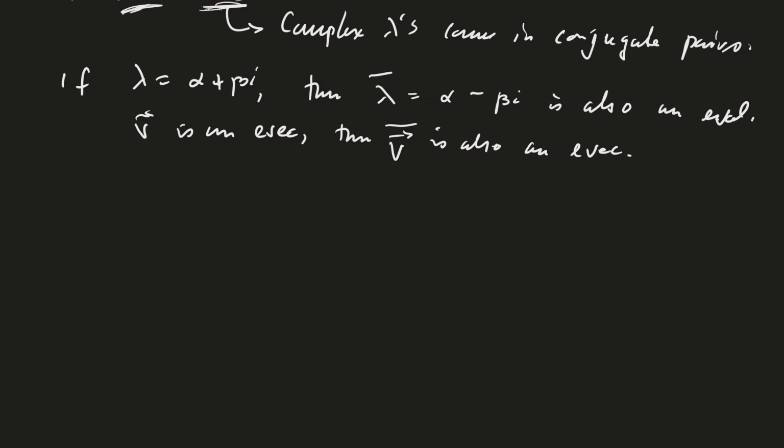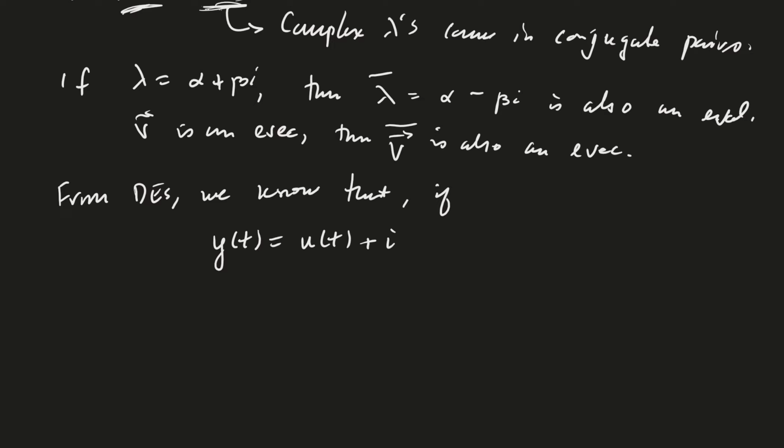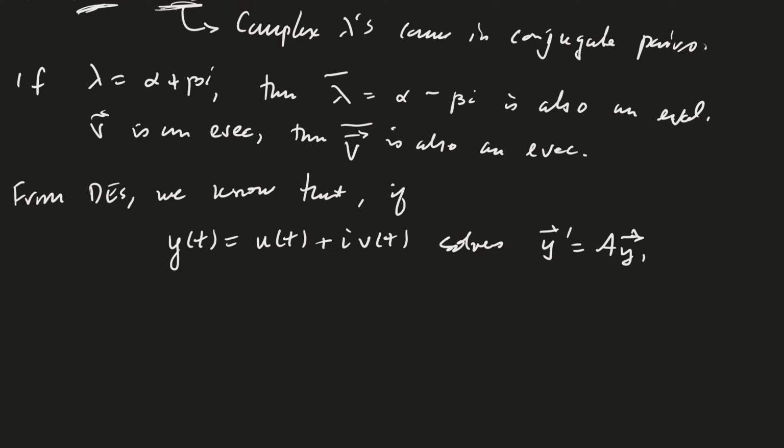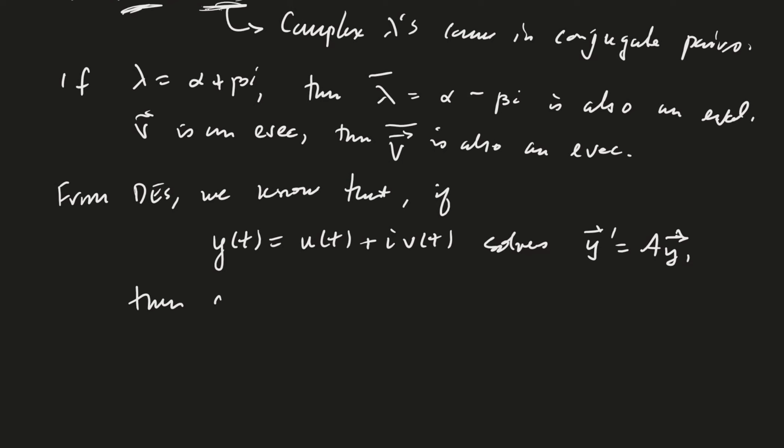From our differential equations class, we know that if y of t equals u of t plus i times v of t solves y prime equals A times y, then so does u of t by itself and v of t by itself.